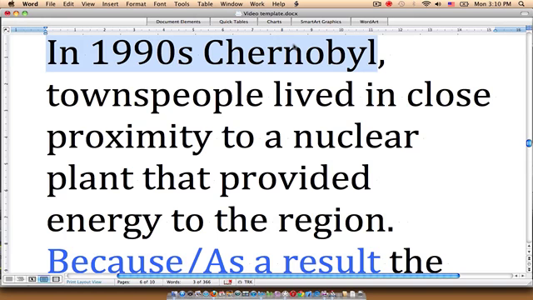Basically, it's a way to word something very concisely. I've given the period of time, which is the 1990s, and the place, which is Chernobyl. And this might be a wording that you don't see often, but in 1990s Chernobyl just means during this period that we're talking about, and the location, which is Chernobyl. So it might be something you, as a student, might want to make a note of.